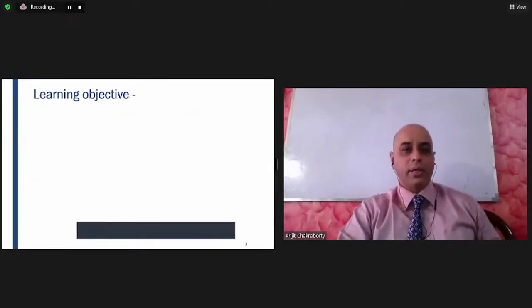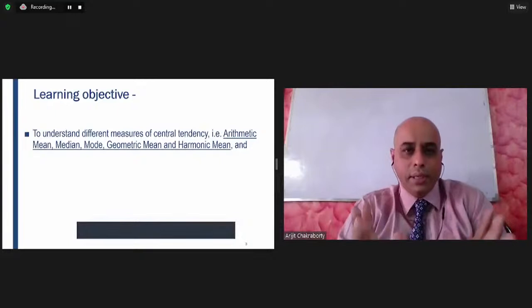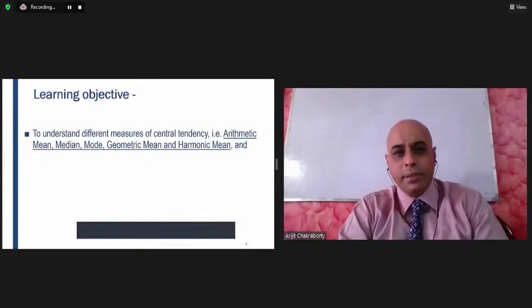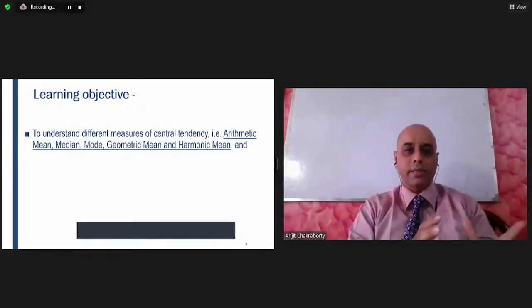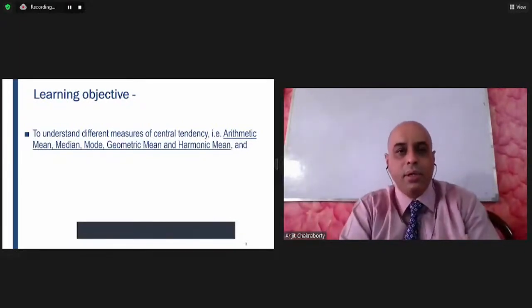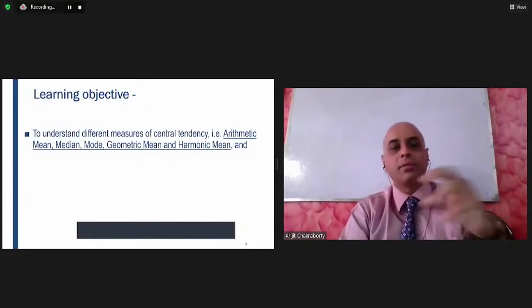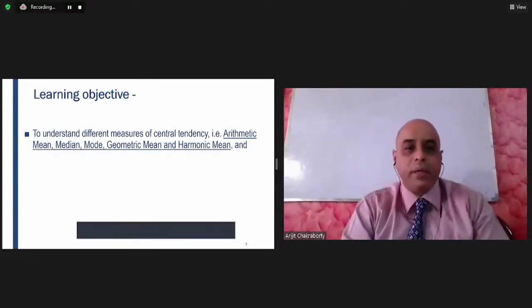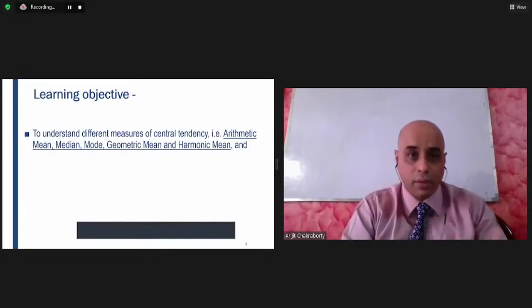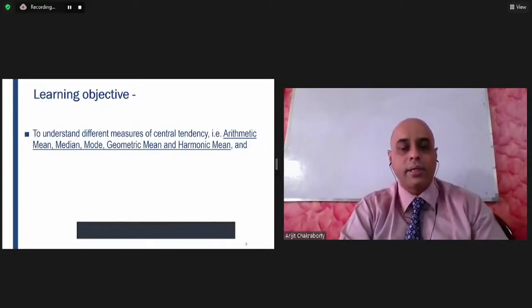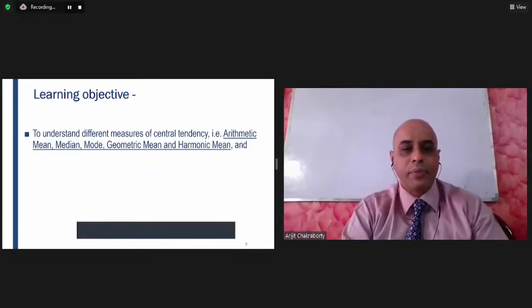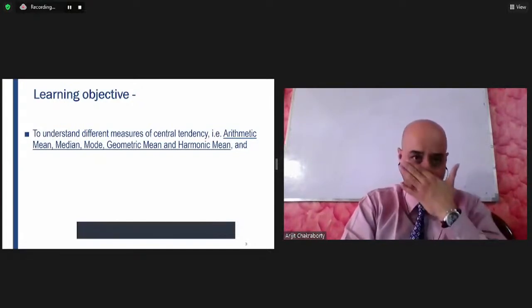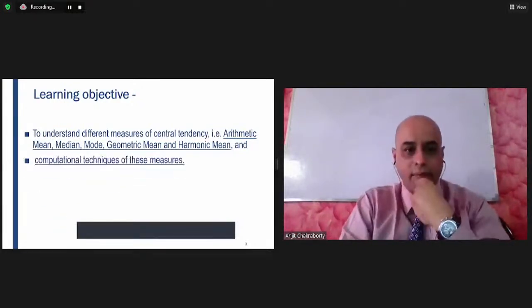Okay, so now the learning objective. In central tendency, the central tendency means the mid value somewhere around the center, the representative value which is hovering around the center part. So arithmetic mean, median we have discussed already, and along with median you may remember that we had done a number of problems on quartile, decile, percentile, and even geometric mean, harmonic mean. These are all types of central tendency, measures of central tendency.